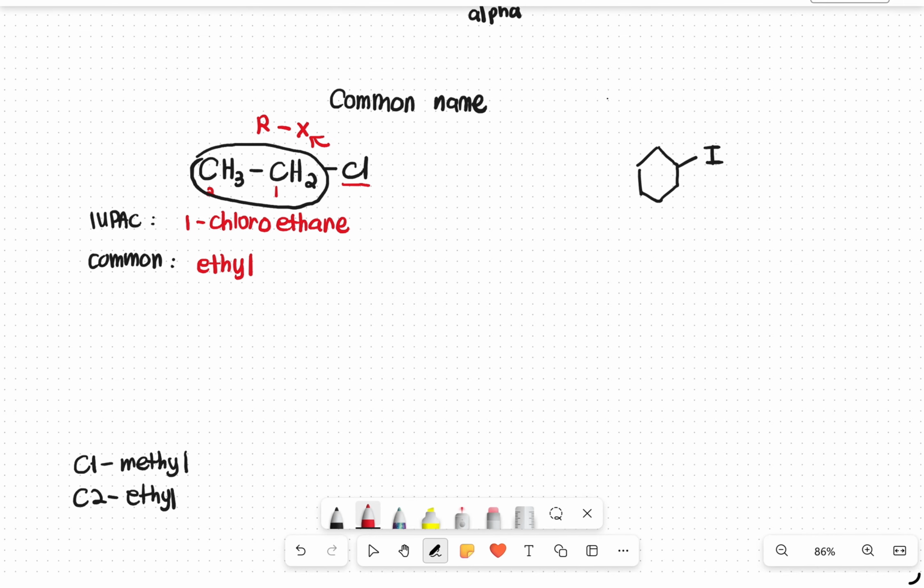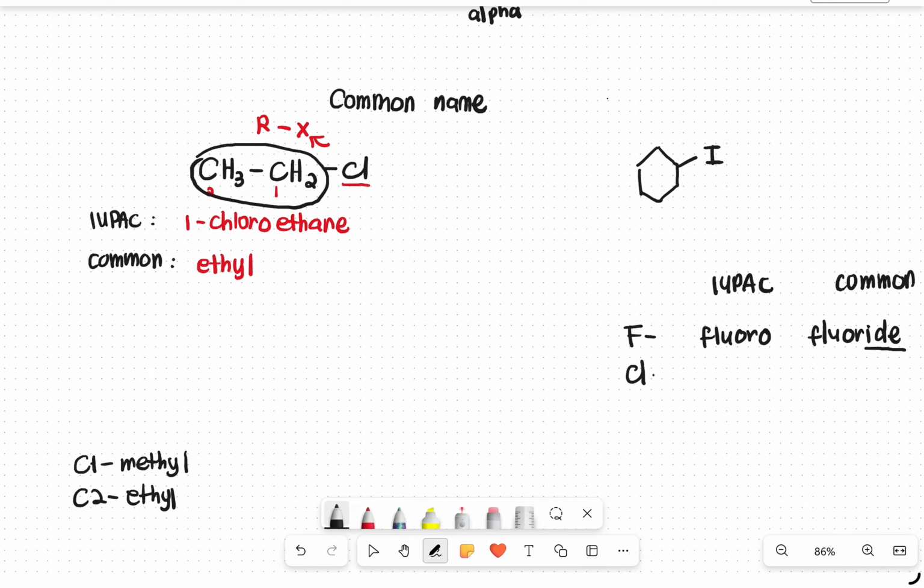Originally we have this, for example, we have F, IUPAC, and common. So if fluorine, IUPAC is fluoro. But for common name, for fluorine, we change the INE to IDE. So it will be fluoride. Look at this, fluoride, IDE, change it.